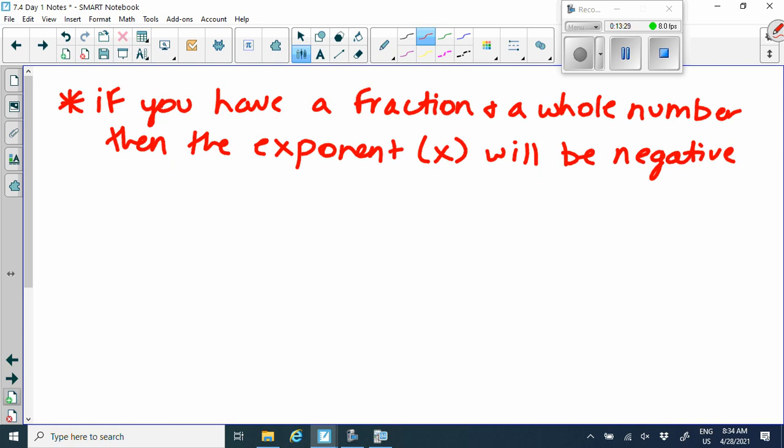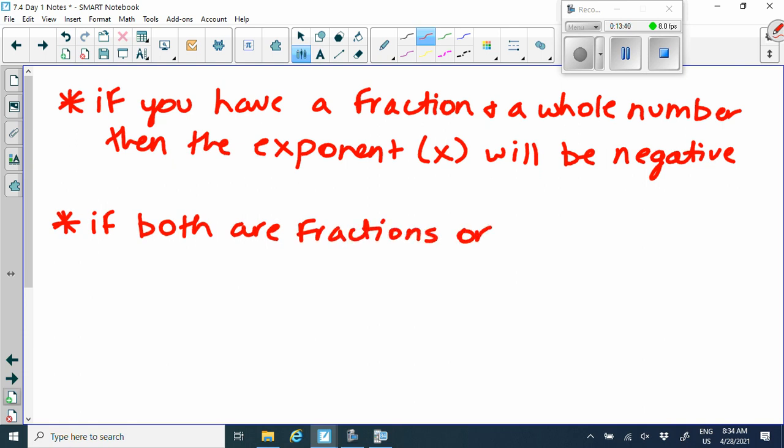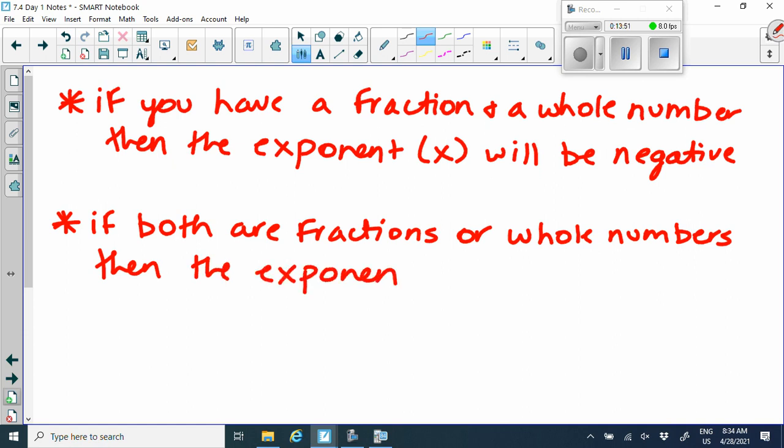Both ways, your exponent will be negative. If both are fractions or whole numbers, then the exponent, which is x, will be positive because you're not switching, meaning you're not doing any of the reciprocals, you're not flipping anything, okay?